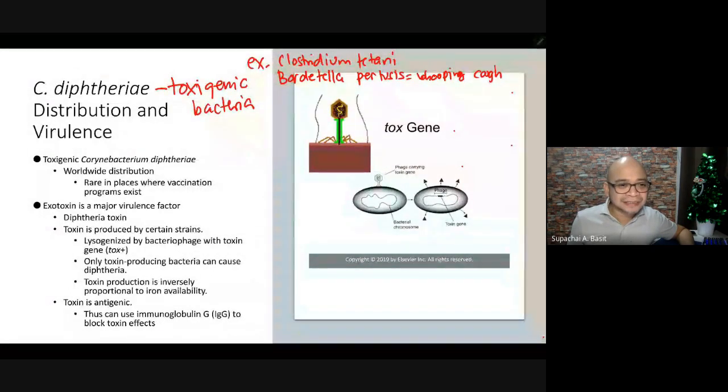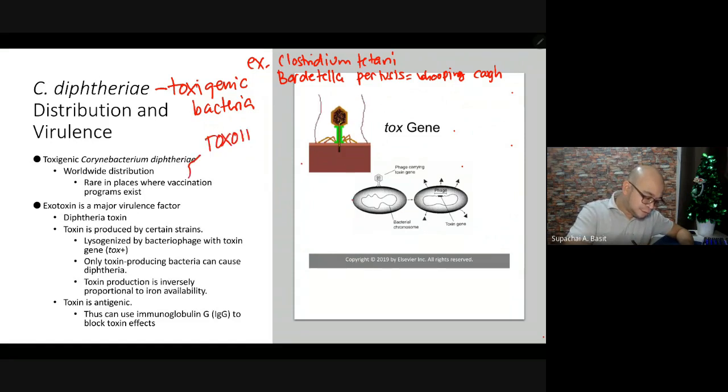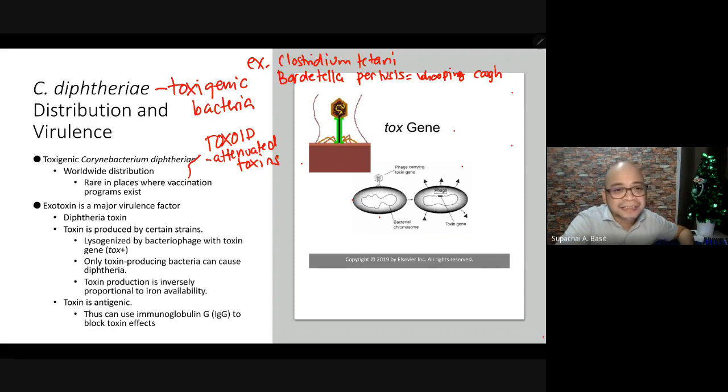So is there vaccination? Yes. The vaccination is actually given in the form of toxoid. When we say toxoid, we are referring to attenuated, or weakened, toxins, and this is usually given as DPT: diphtheria, pertussis, tetanus.